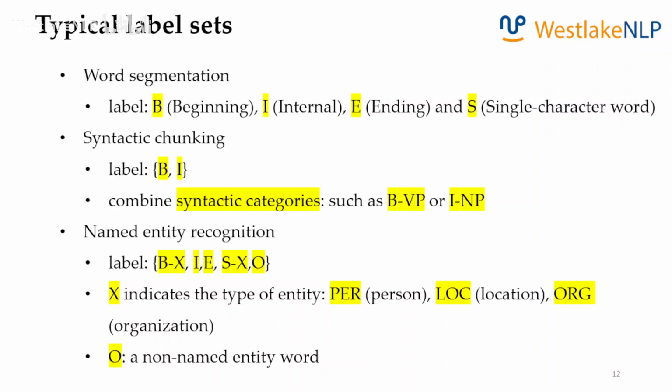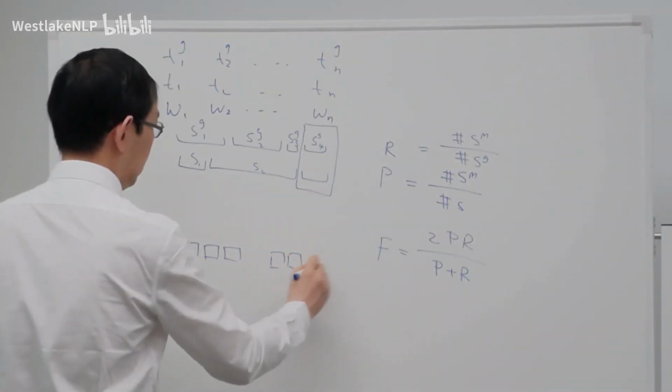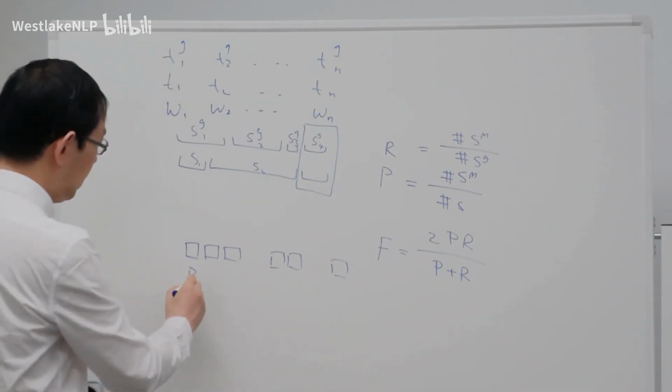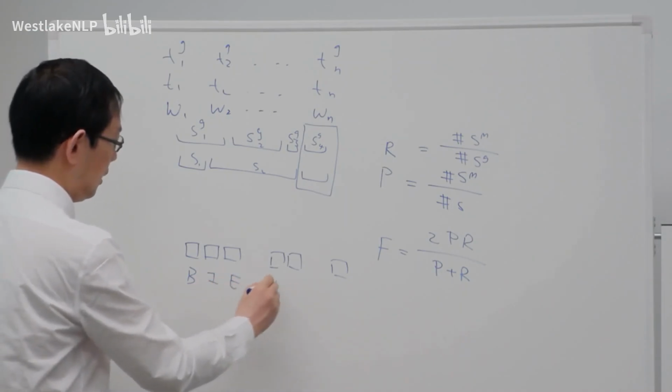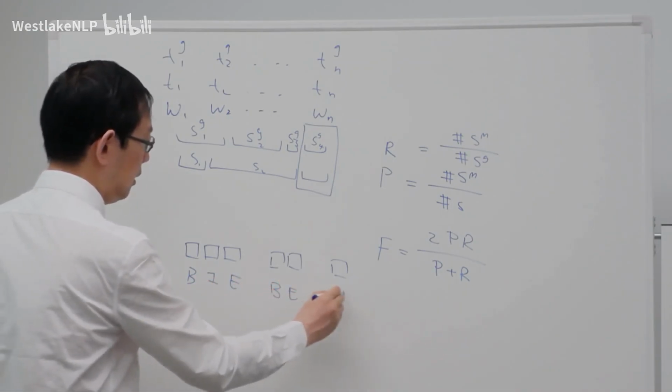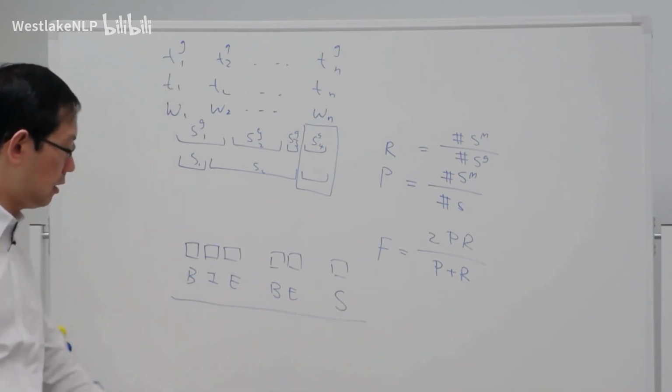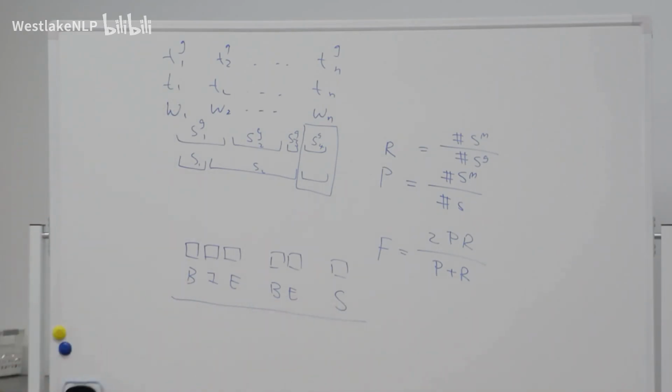So if you still have something like one character, one character, one character, one character, one character, and one character as a sentence, this will be B, this will be I, this will be E, this will be B, this will be E, this will be S. So you use this label sequence to denote the segmentation pattern of this sentence.